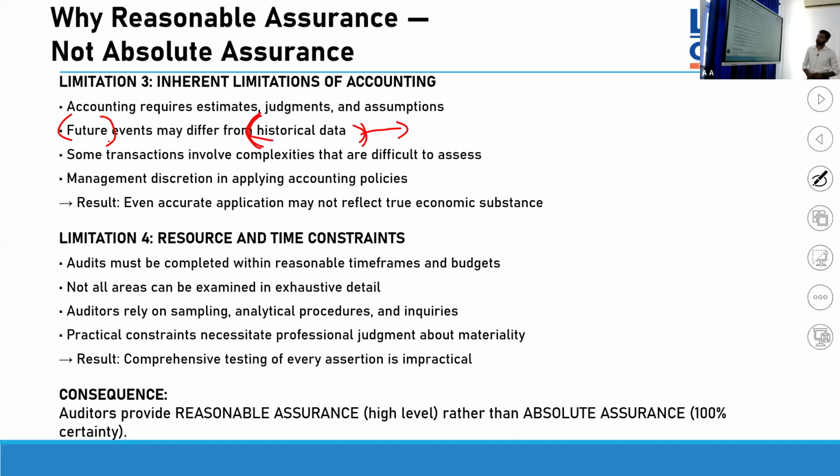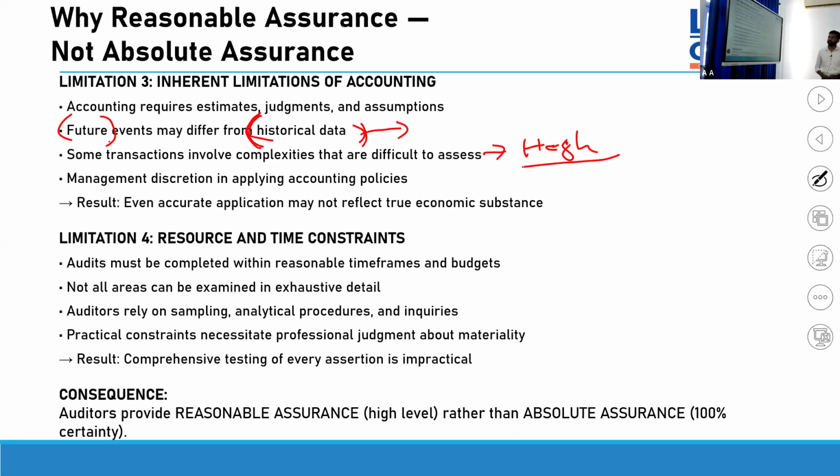Next one is some transactions involve complexities that are difficult to assess, right? Because some transactions like hedging are complex transactions, complex accounting treatments are also involved in that. So at that time, it will be difficult to assess the accuracy of the data and transaction.